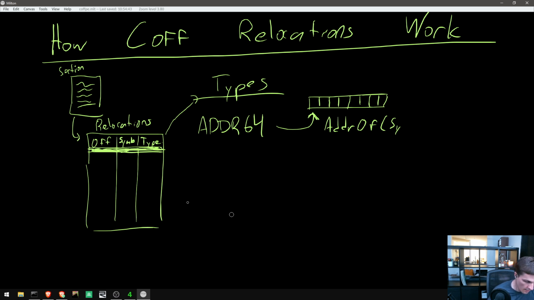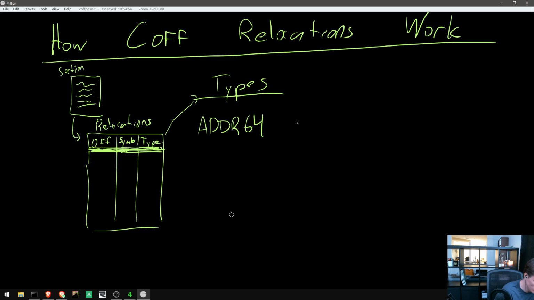So let me do this as pseudocode instead of as a picture. I think that's going to work a little better. This is going to be like: set 64, put the address of symbol.